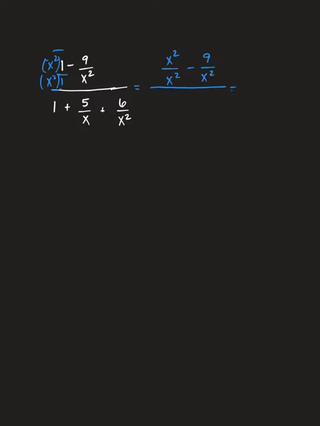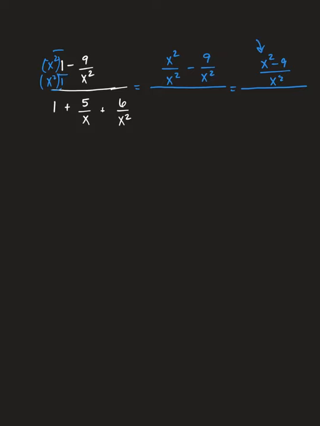Now that I have a least common denominator, I can combine those fractions into x squared, take away 9 all over x squared. And what I notice here is, if you take a look at this x squared minus 9, when you see that, red flags are getting waved at you, and you recognize that as a difference of squares.